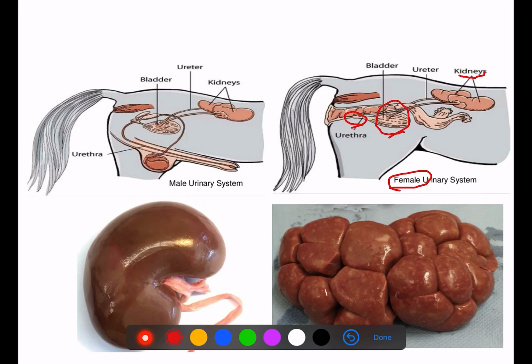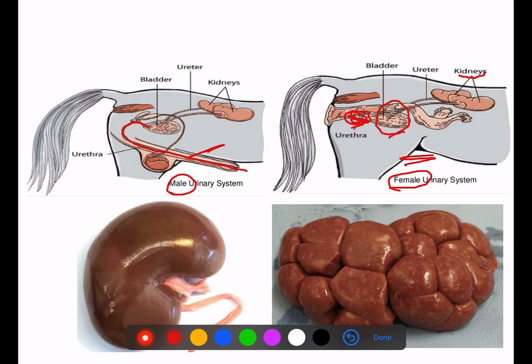This is a picture of a female horse and a male horse. As we see, the main difference is urethra length. The urethra in the male is very long compared with the length of the urethra within the female urinary system.